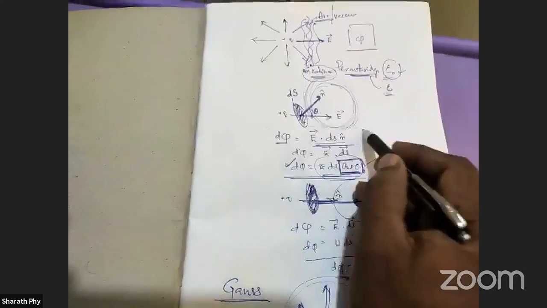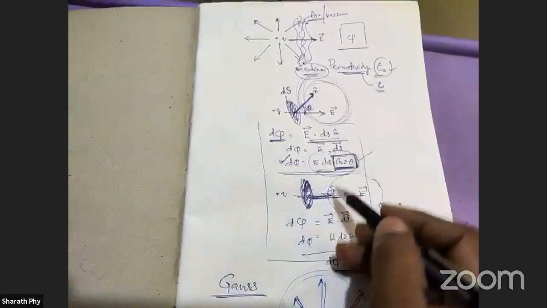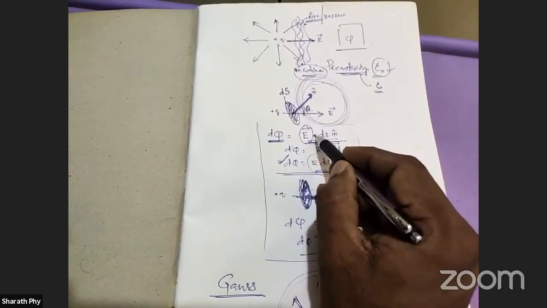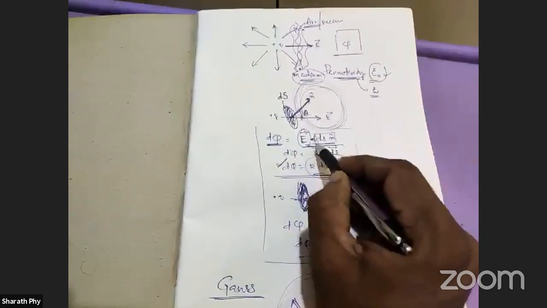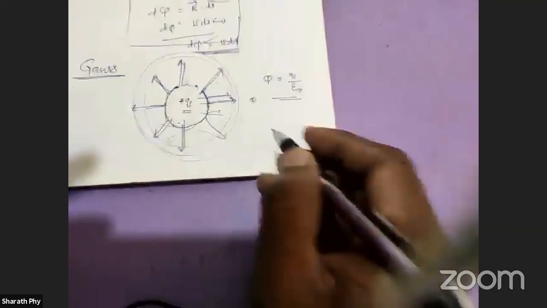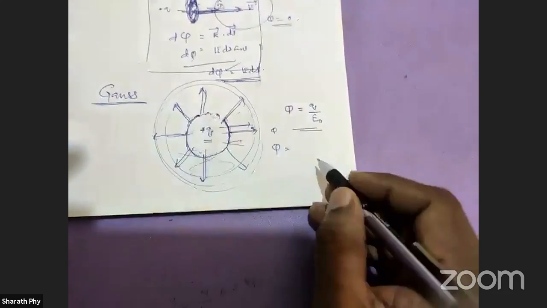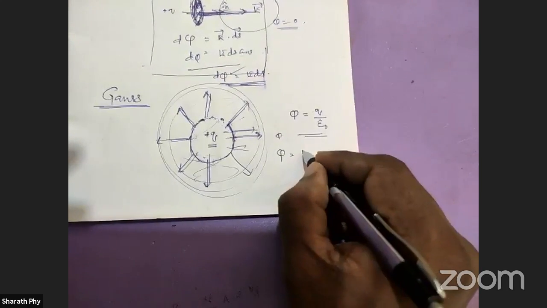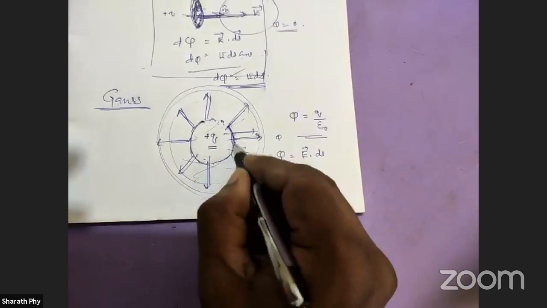But before that, we got a formula here. While discussing the basic concept of flux, the flux formula is actually the dot product, the scalar product, of the field and the surface vector. So normally its formula is the electric field dot product with whatever small surface vector you have selected.